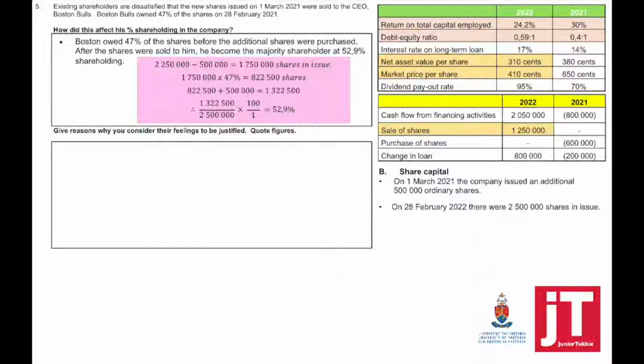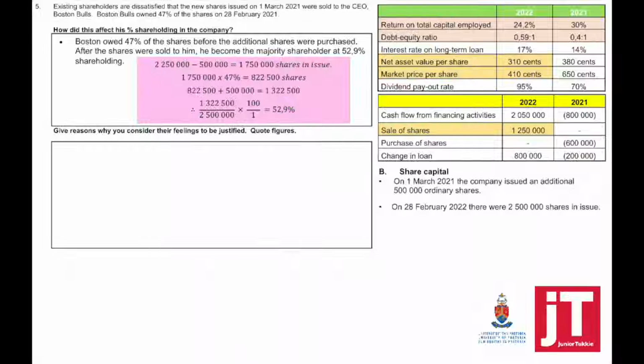I want to know the number of shares that Boston owned. So then we take the 1,750,000 before the additional shares were issued, and we times that by 47%. Now we can add the additional 500,000 shares he purchased. This is the total number of shares he now has in the company.